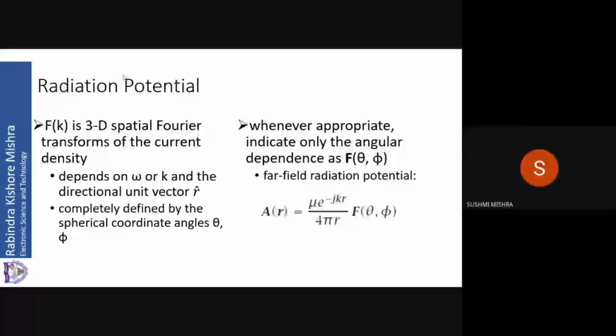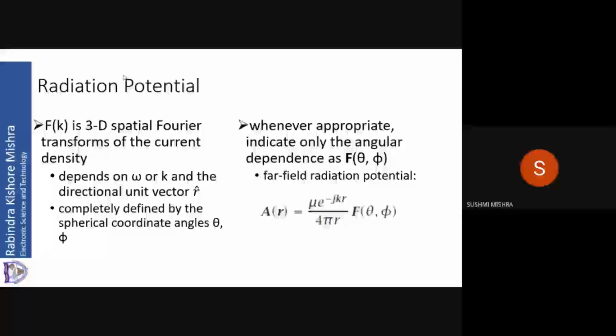In the numerator of the non-integral part, mu e to the power minus jkr upon 4 pi r, we have minus jkr. Why is this not dependent on theta phi? Within the integration and outside the integral, the difference is that inside the integral we took the dot product, or scalar product, of k dot r.